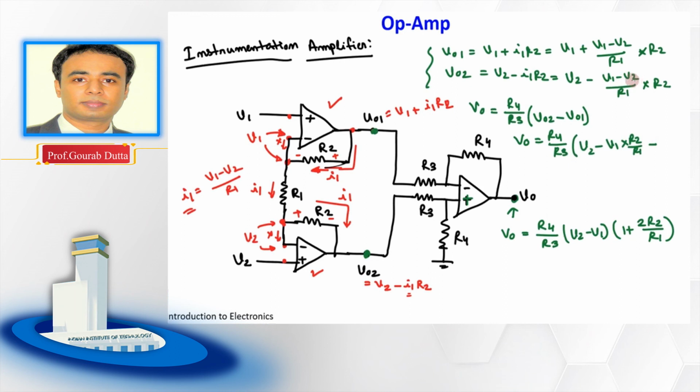Then plus V2 R2 by R1. Then we have a minus here, so all these terms will now become minus, right? This is V1 into R2 by R1, right? This minus, now this becomes plus. This is V2 R2 by R1, right? The whole will be in the bracket, right?